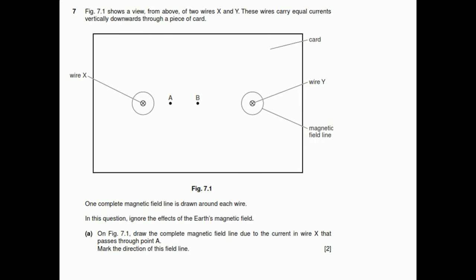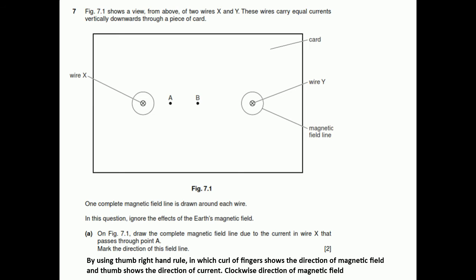So to answer that question, we use the right hand thumb rule, in which the curling fingers show the direction of magnetic field for a straight wire and the thumb shows the direction of current for a straight wire. To answer, you must draw the magnetic field lines around wire X, but I am only giving you the direction of that magnetic field line by using the thumb rule.